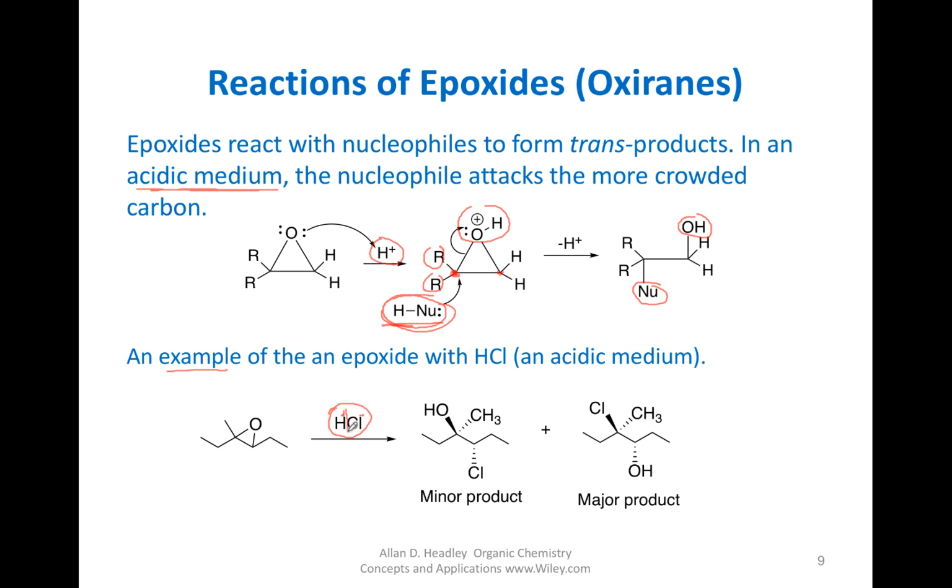So here's your nucleophile, here's your acid. You will get here the trans product. This is the minor product, but this is the major product where the Cl will attack the carbon, which has the more groups bonded to it, or the more crowded carbon.